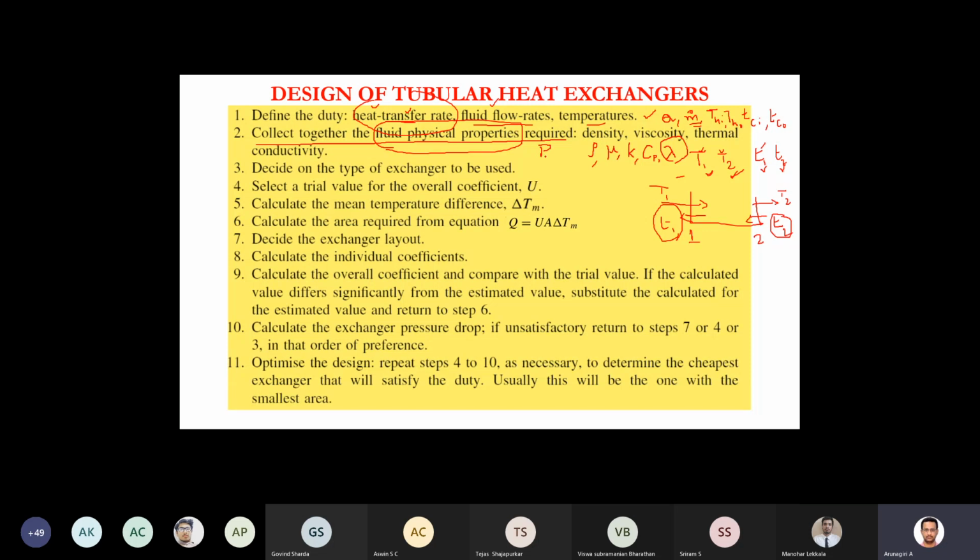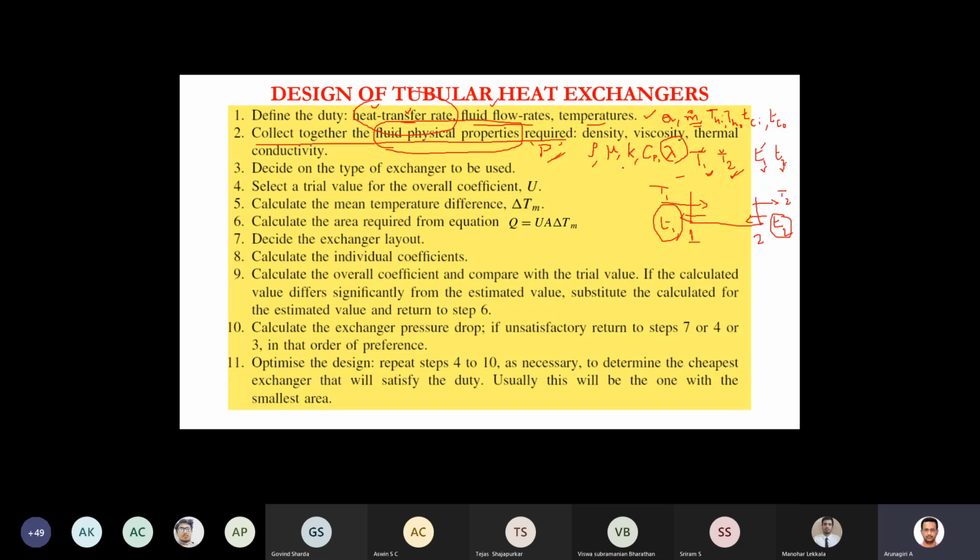You should also know the pressure. Sometimes if you are handling phase change liquids, then pressure is the major one. So rho, Cp, mu, K, the thermal conductivity of liquid, for the hot fluid and cold fluid, all the fluids.